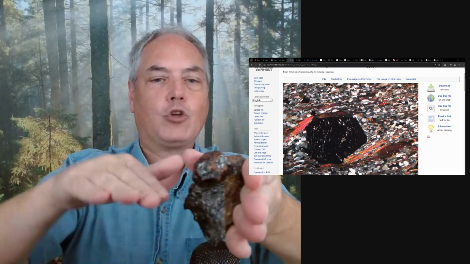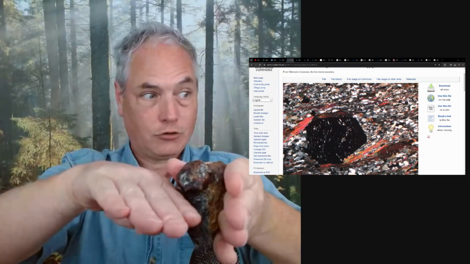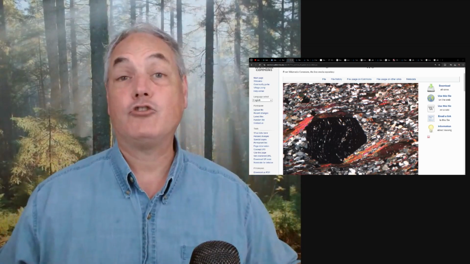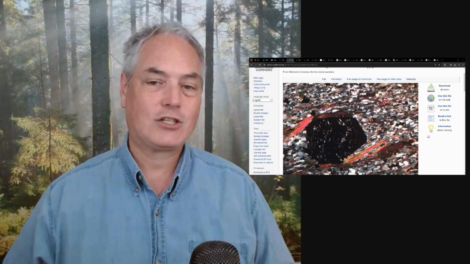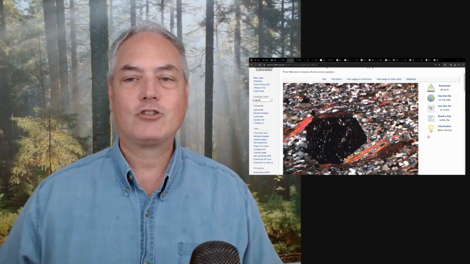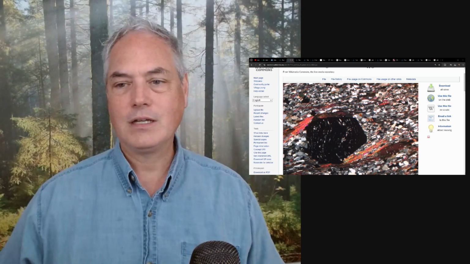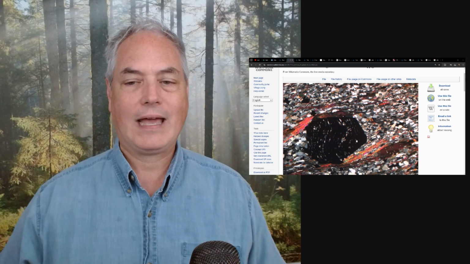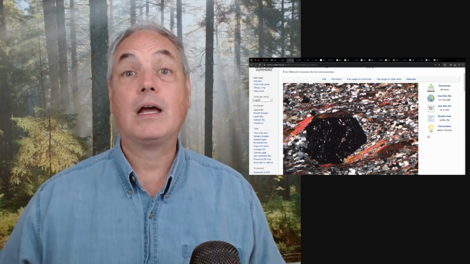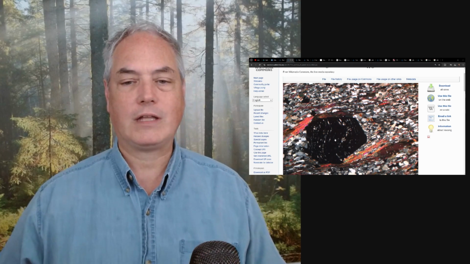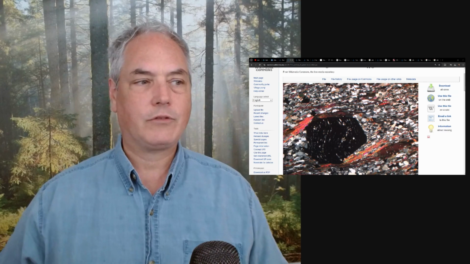If you cut the rock this way, we do that in geology, actually. We call them thin sections. If they're thin enough, you can look at them under the microscope. Here you can see the little flakes of mica all along, and we have the garnet mineral here. As you can see, the pressure would have gone this way.